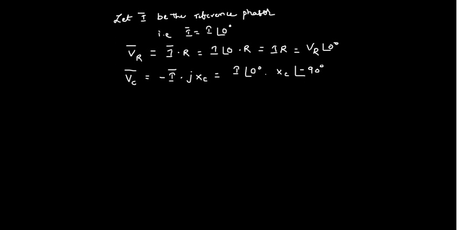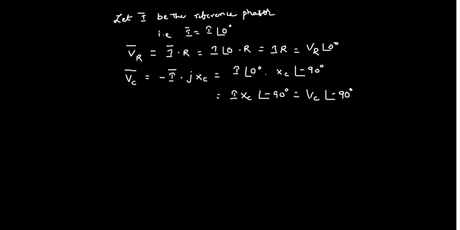So this is I into XC at an angle minus 90 degrees. This is VC, the voltage across the capacitor, at minus 90 degrees.